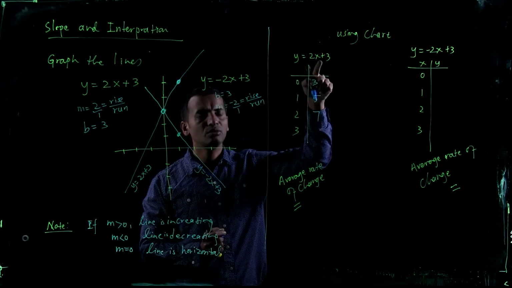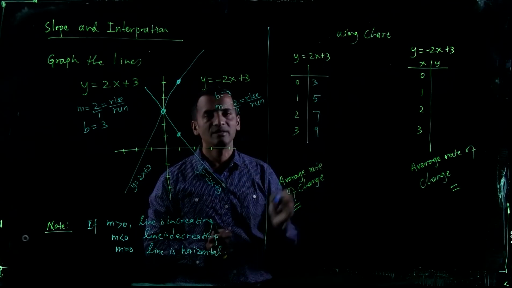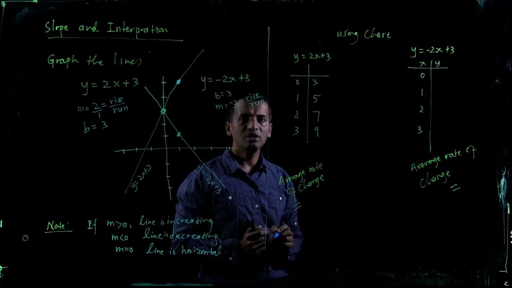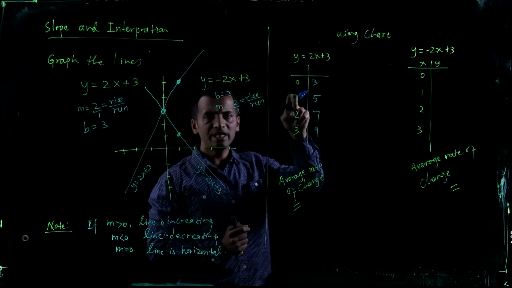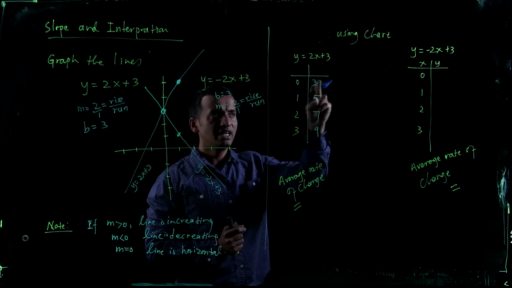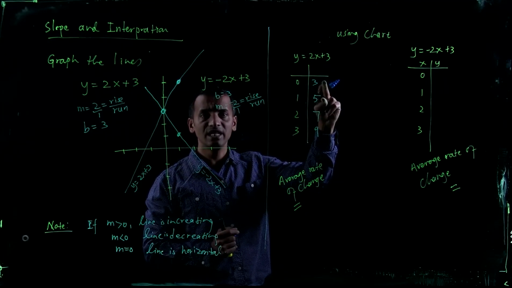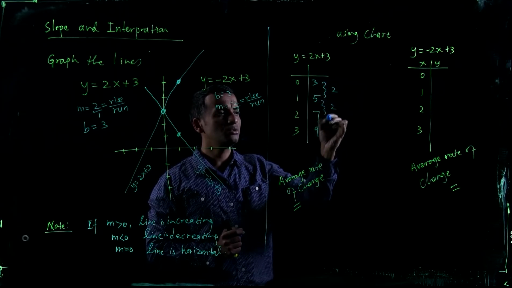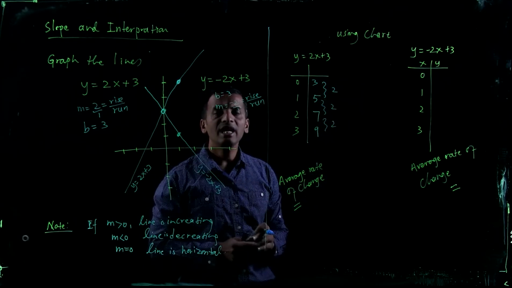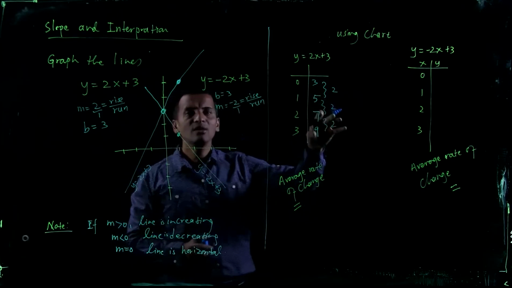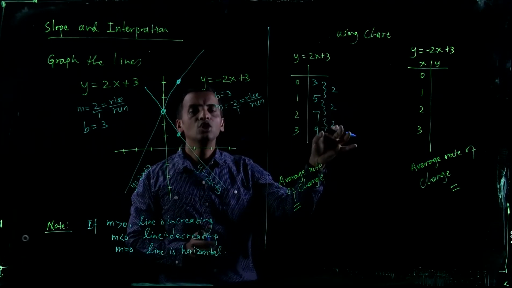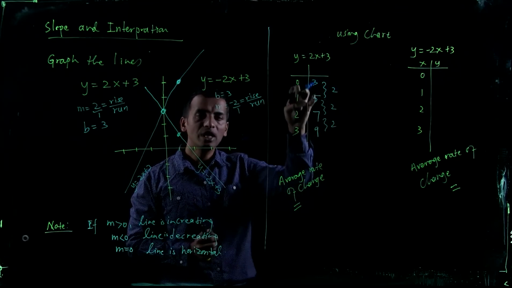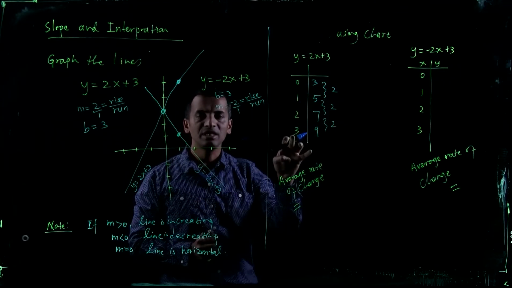If you plug in x equals 3, you will get 9. What did you see here? When you increase 1 unit for x, you got a 2 unit increase in y. See, the difference is 2, the difference is 2, the difference is 2. That is, the y values are increasing by 2 for each 1 unit increase in x.